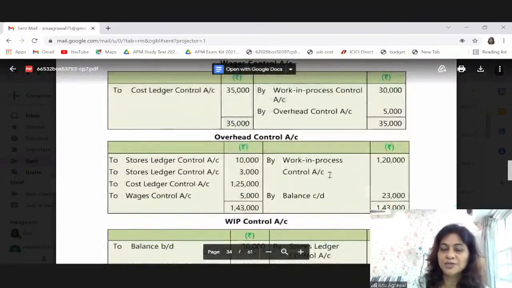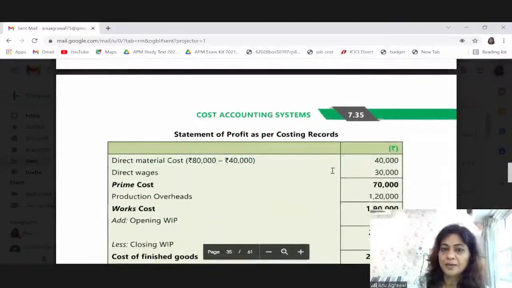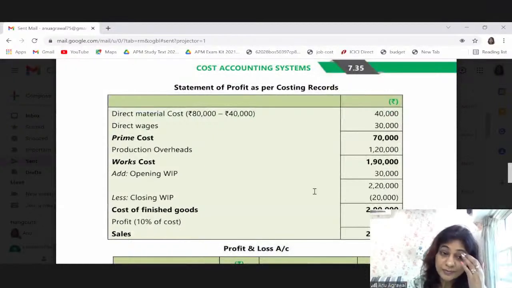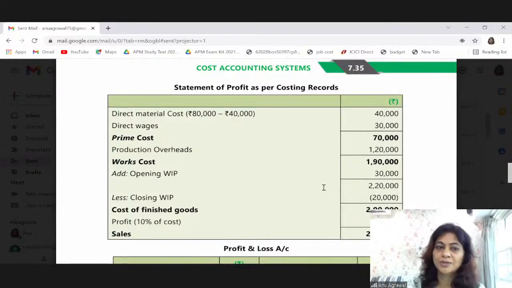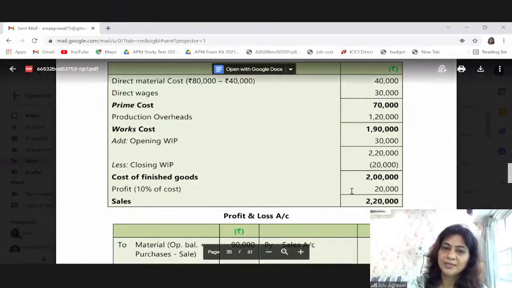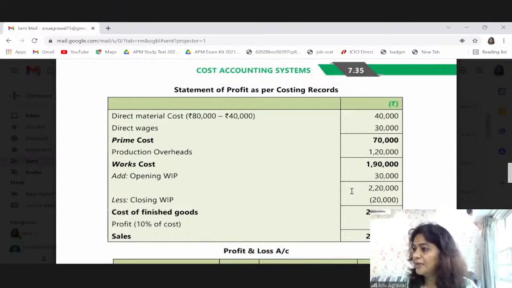How much overheads you charge, you got out from the overhead account. Yes or no? 1,20,000. You got out with works cost. Opening WIP will be given to you, is given to you in the question. Closing WIP is given to you in the question. You got out with your cost of finished good. You've added up profit, and this is your cost sheet. Yes or no? I hope everybody clear.